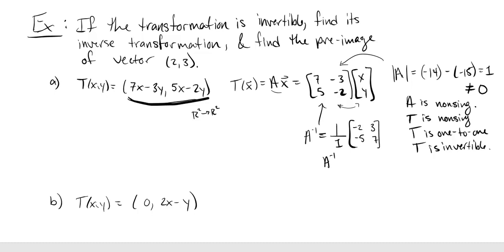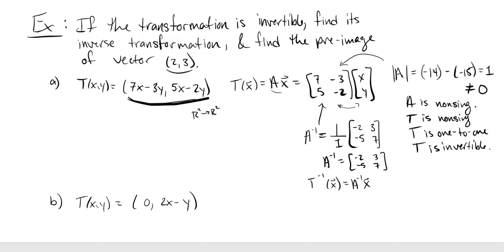So it looks like A inverse is just the matrix -2, 3, -5, 7. That means T inverse is just defined by multiplying by the inverse that we just found.